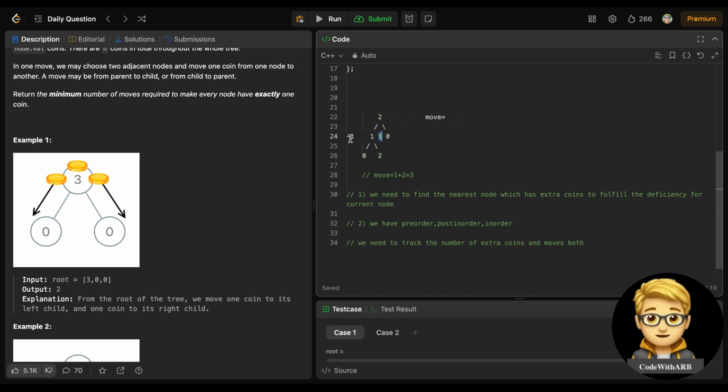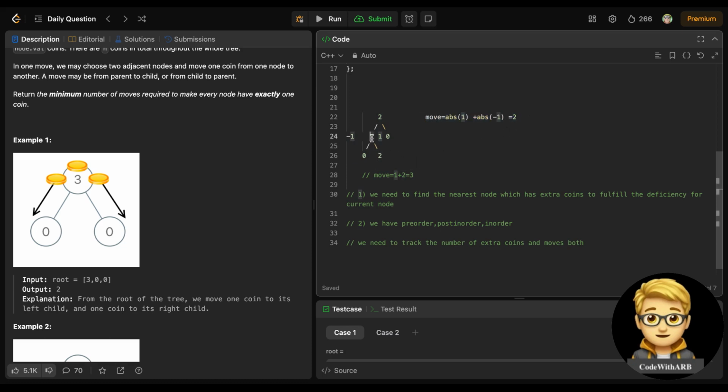If we add the left value 1 plus the absolute value of the right requirement -1, it also comes to 2. The number of coins which they require, that many coins need to be moved from this part to there, and that will be equal to the moves.